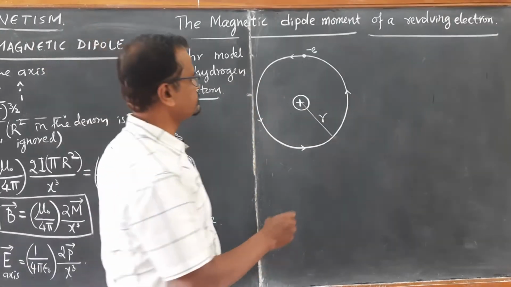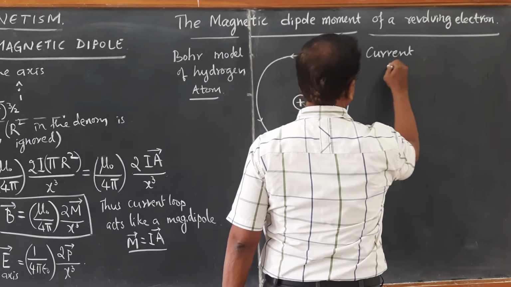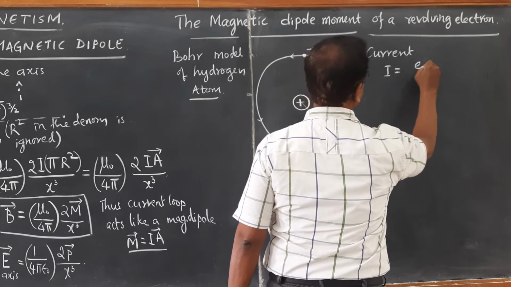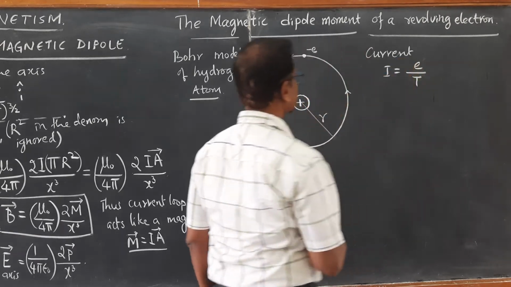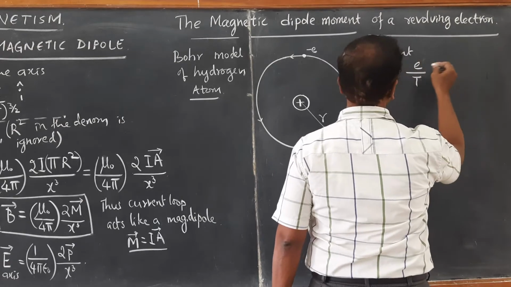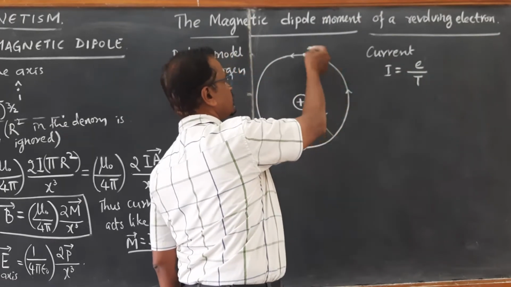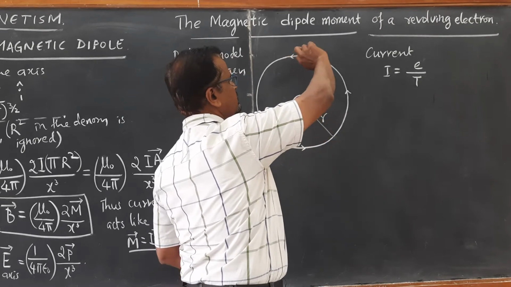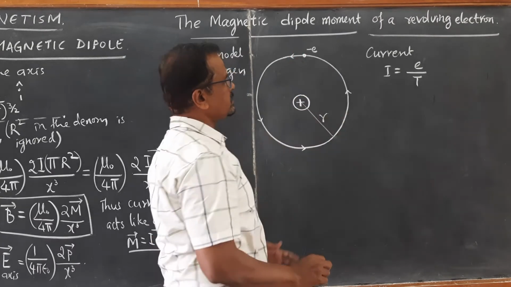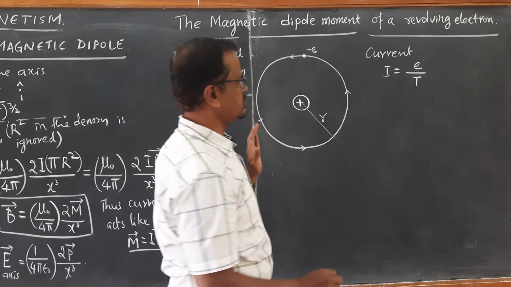So, current is given by I equals plus e by T, in the clockwise sense, since it is considered to be opposite to the motion of the electron. If the electron is in the anti-clockwise sense, it is understood that the same amount of positive charge is moving in the clockwise sense.